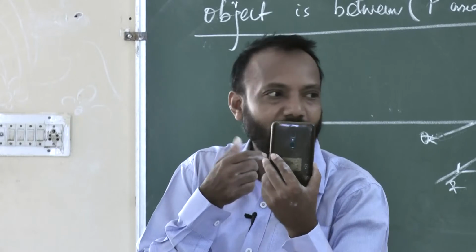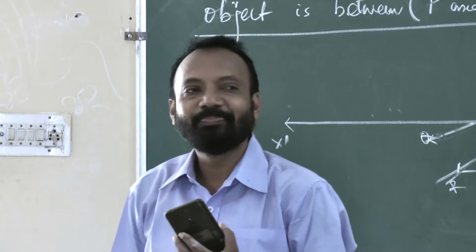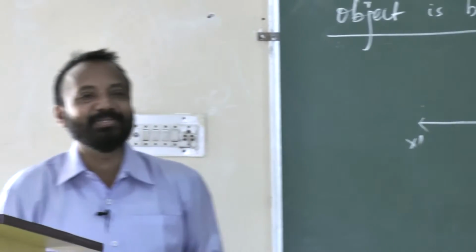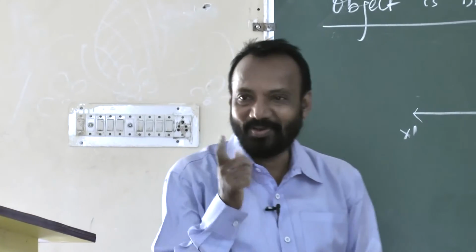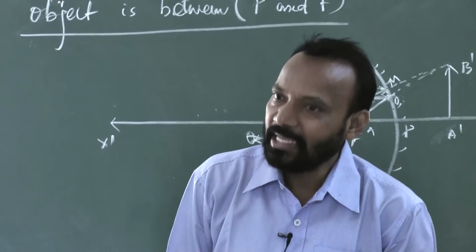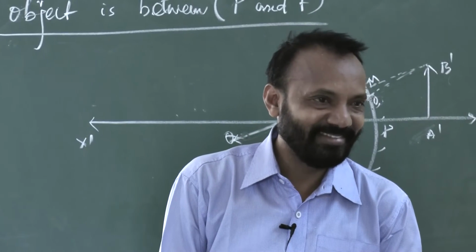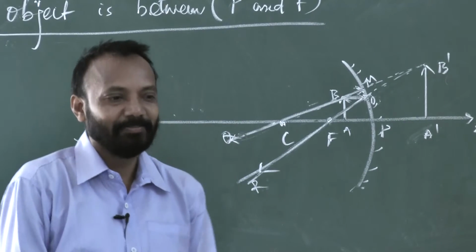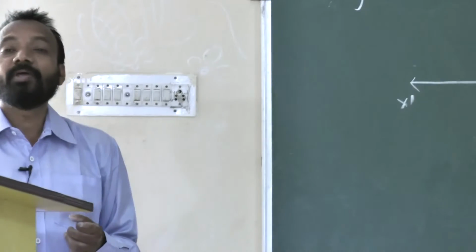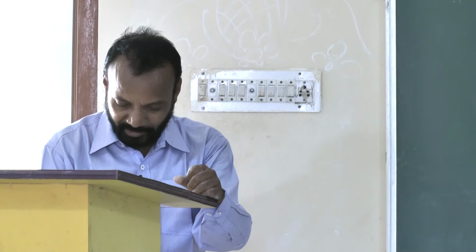For shaving also, I have to keep my face close so that it is visible. For what purpose are concave mirrors used? Concave mirrors are used mostly as the shaving mirror for males, and the makeup mirror for ladies. Clear? So you should remember this, and with this the concave mirror diagram and image formation are clear.